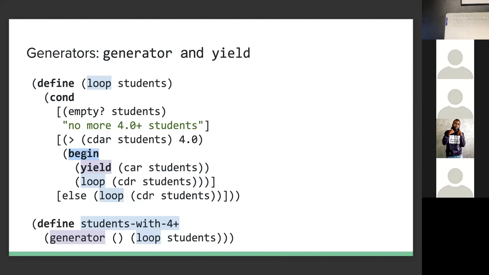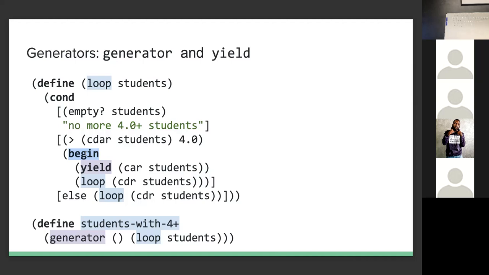So it works like magic. The important thing is that if we have a student that has a good enough grade, then we do this begin block, which basically tells us to give something to the generator, and then go to the recursive call.